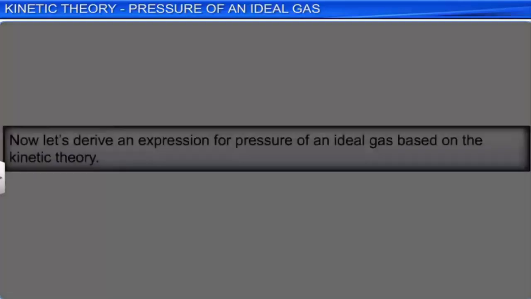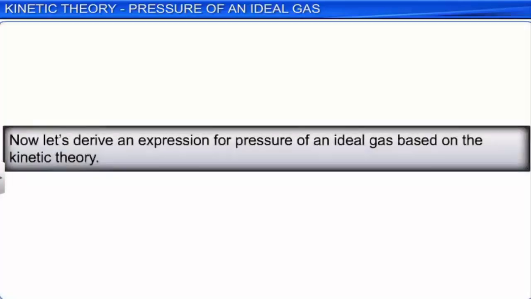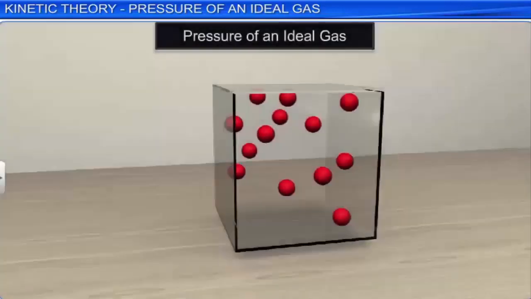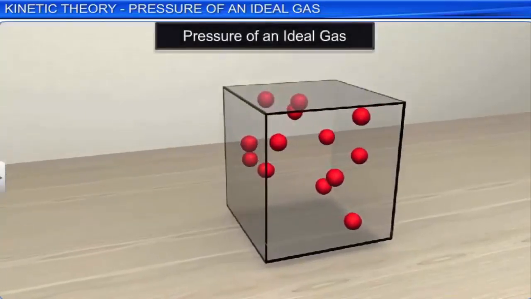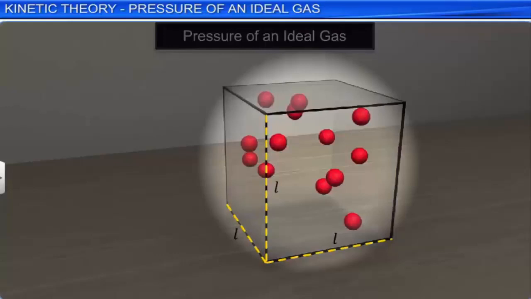Now, let's derive an expression for the pressure of an ideal gas based on kinetic theory. Let us consider a gas in a cubical vessel with the length of a side L and the walls of the vessel perfectly elastic.